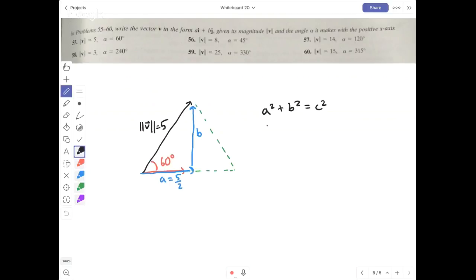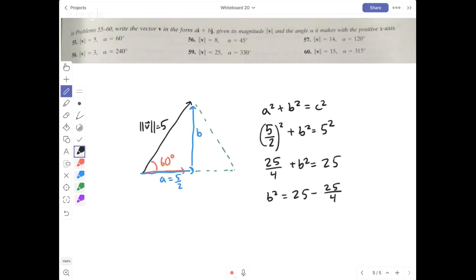So now I'm going to say that 5 over 2 squared plus B squared equals 5 squared. So that 25 quarters plus B squared equals 25. So that B squared equals 25 minus 25 quarters.